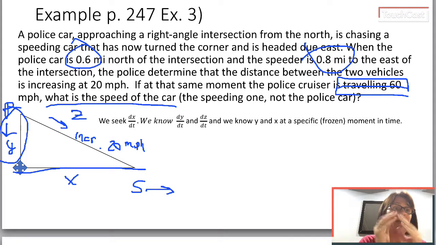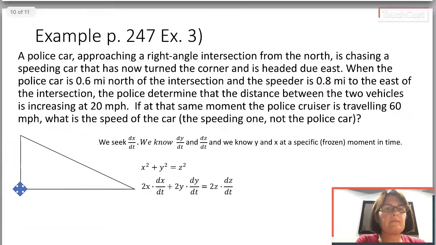And we know how fast the distance between the police and the speeder is increasing. That's 20 miles per hour. So we're going to use this. We're going to think of a way to write an equation that relates X and Y and Z. But I might have already accidentally said it, so you probably figured it out.